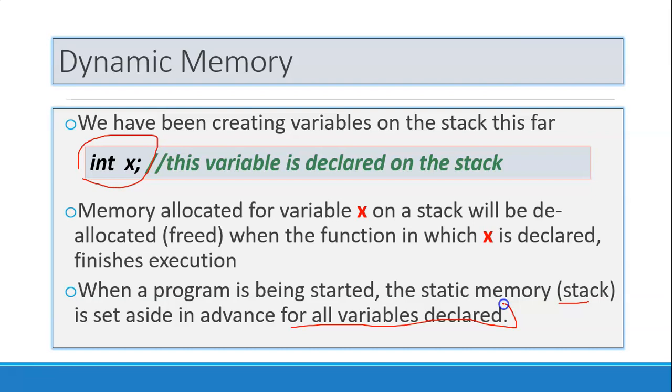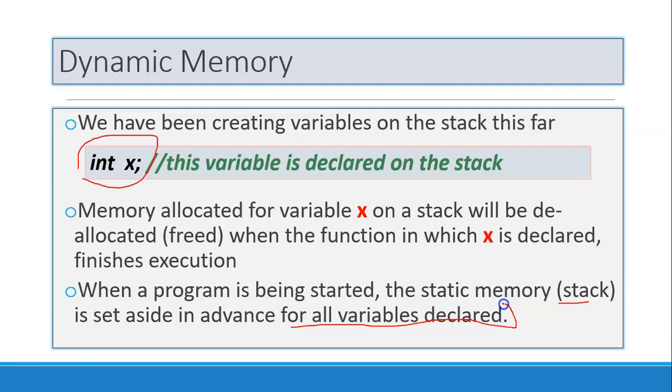It's already allocated before the program is actually run. If there is not enough memory, then the program does not run at all. It will complain of insufficient memory. But the moment the program runs, it means enough memory is already allocated for that.